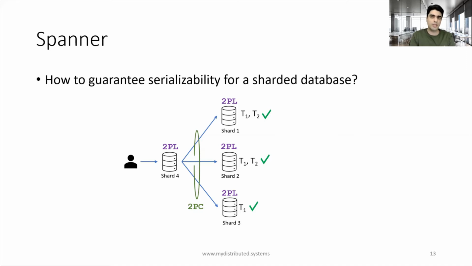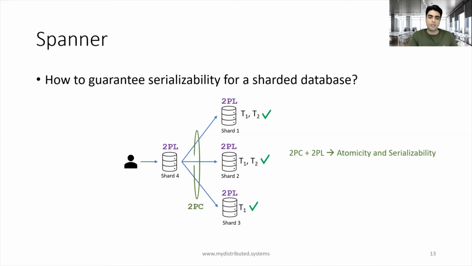In the second phase, the coordinator asks them to commit or abort based on the votes that it has received from the participants. So with the combination of two-phase commit and two-phase locking, we can guarantee atomicity and serializability.